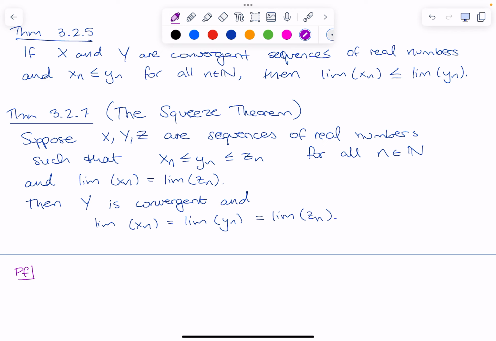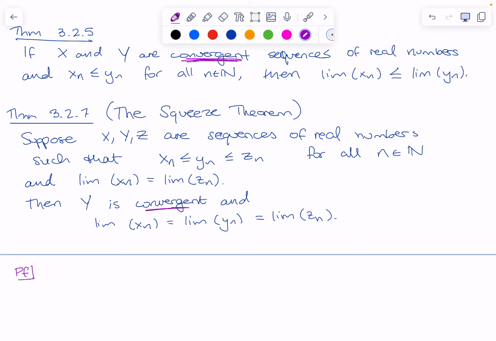So really, what do we know here? Well, the previous theorem held for convergent sequences, right? So we cannot just apply the previous theorem because we do not, as of right now, know that y is convergent. Okay, so I just wanted to make that comment real quick.